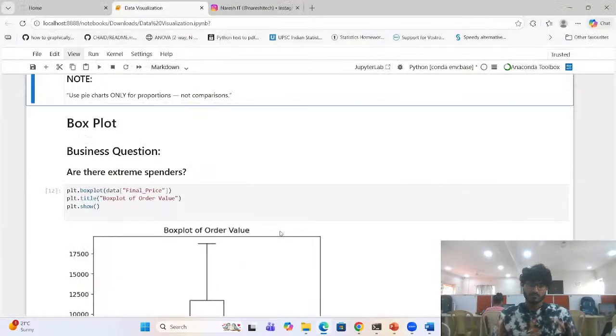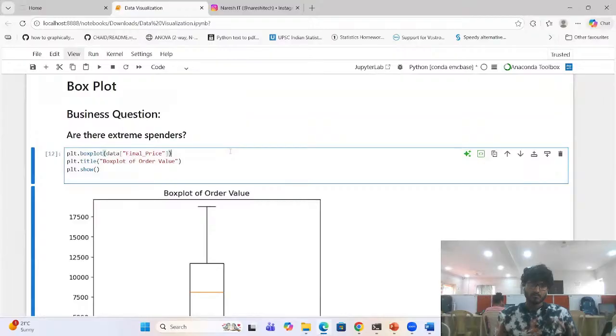Okay, so let's go to our practical example here. I just wanted to see, are there extreme spenders? Regularly, the people are spending.